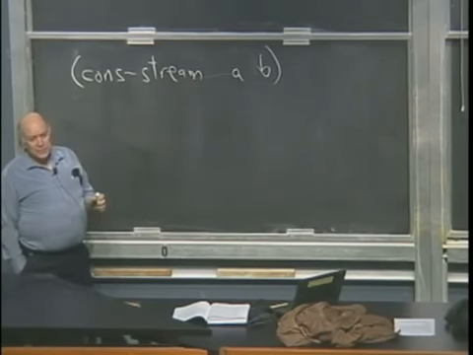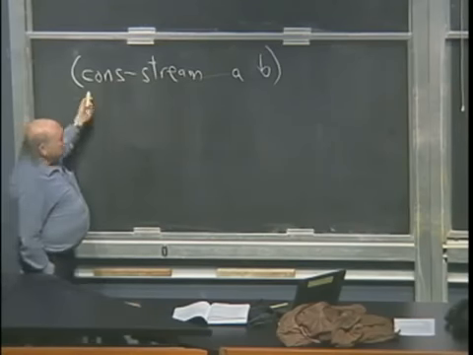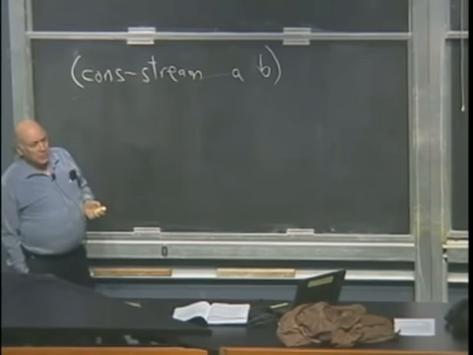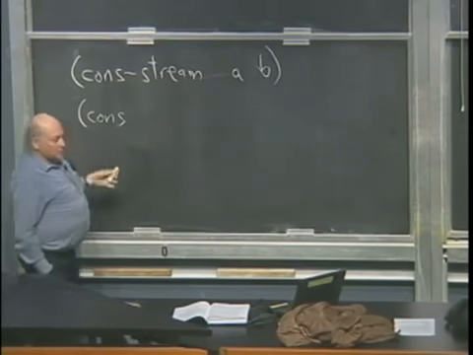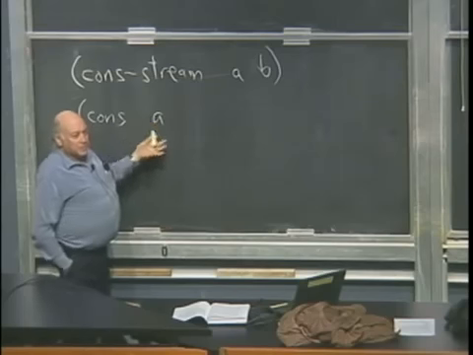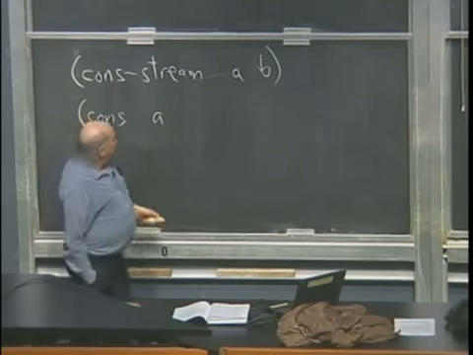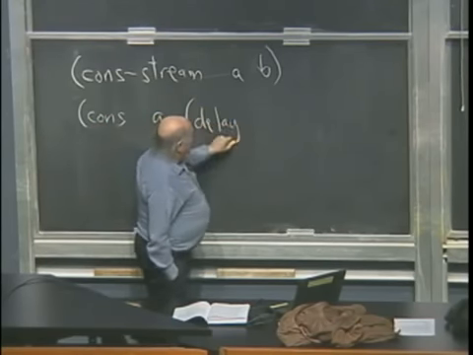The way let is an abbreviation for something, it rearranges things syntactically. Cons stream is an abbreviation also. What it abbreviates is cons, plain old cons that makes a pair, A, because we want the stream car to just be what the car would have been, and then delay B.